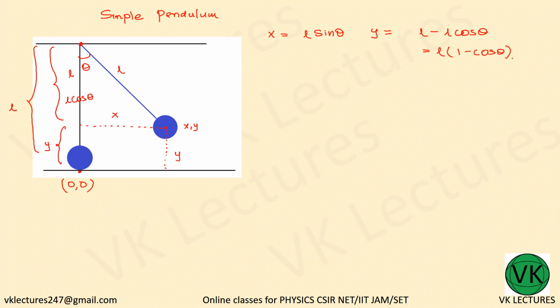Okay, so x dot is L cos theta theta dot, and y dot, L remains as it is, the derivative of cos theta is minus sin theta, so it's plus L sin theta theta dot.